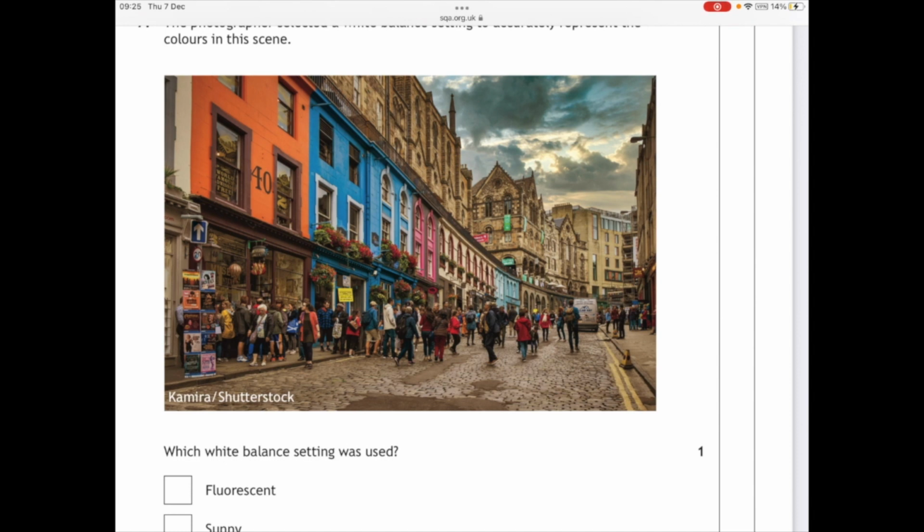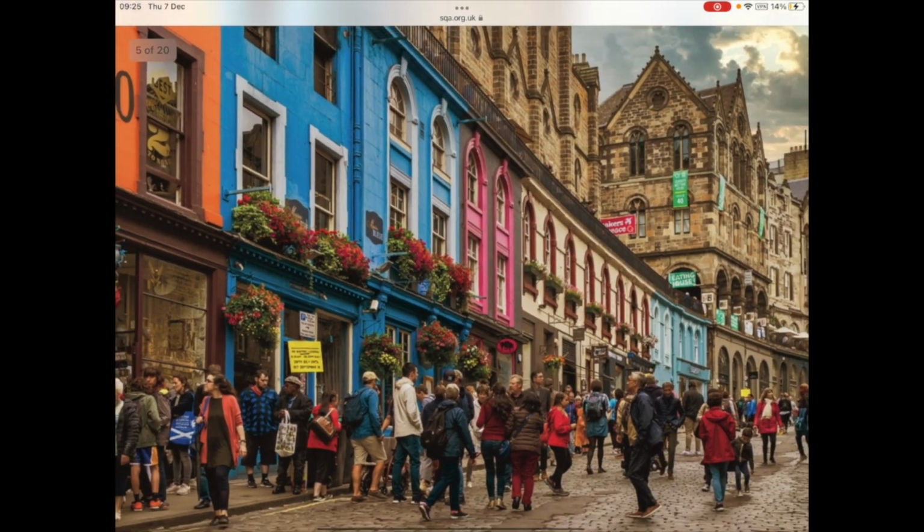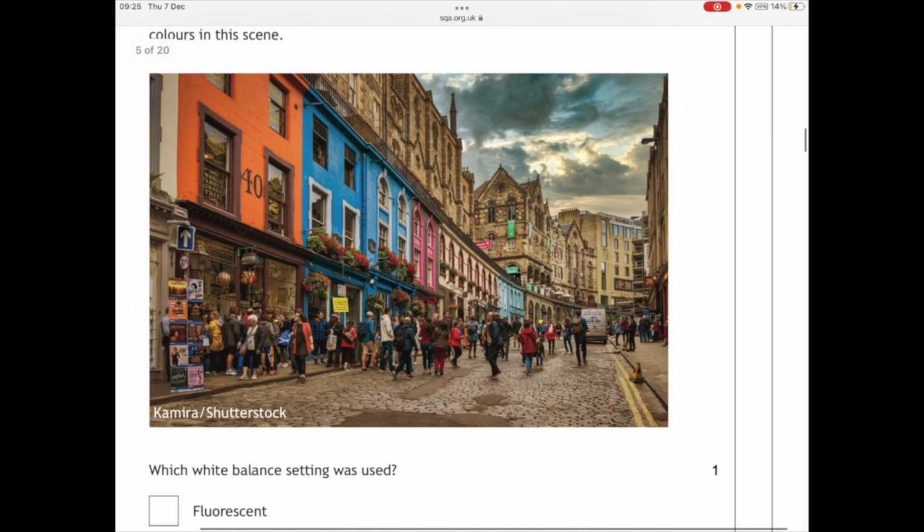Just be wary of that one. But in that image, there's no colour cast at all. The cloudy white balance setting would be used. Cloudy white balance setting will neutralise any potential blue or cool colour casts, so it warms up the tones within an image. So the right answer is cloudy.